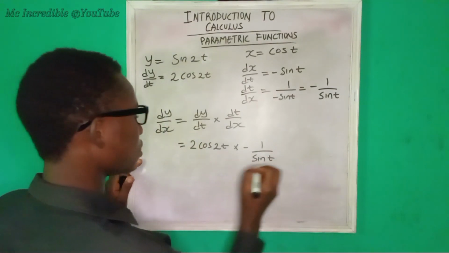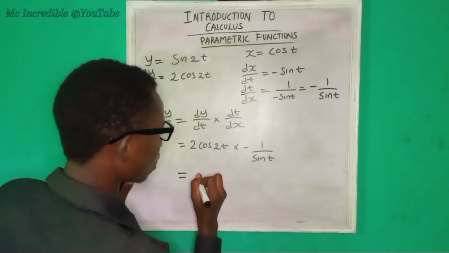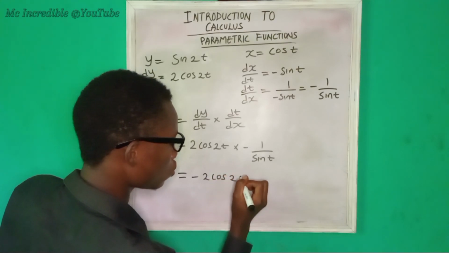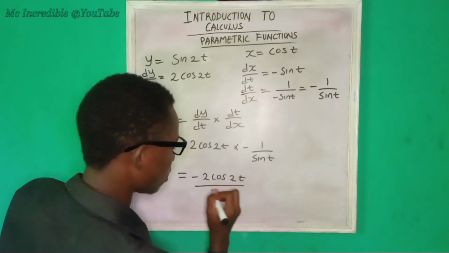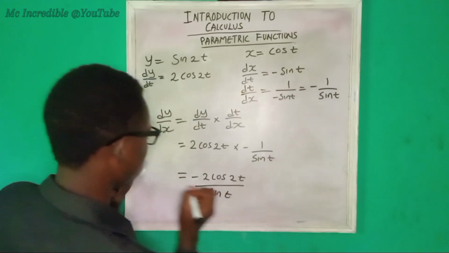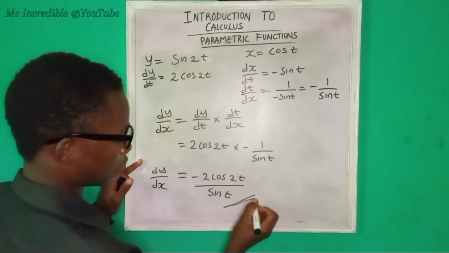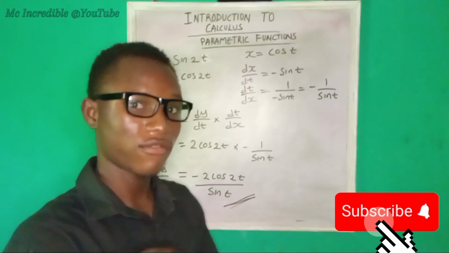So when we multiply this, we get our final answer as minus 2 cos 2t divided by sine t. This will be our dy/dx.